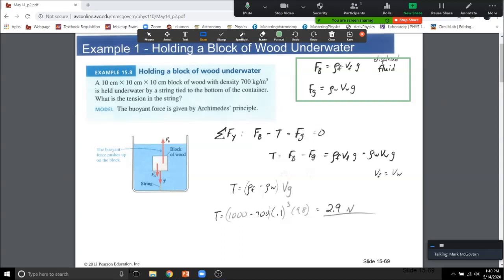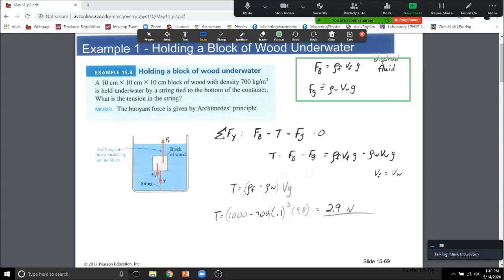This is the gravitational force of the water that was displaced. That weighs more than the same volume of wood. The gravitational force of the wood is rho wood, V wood times g. Now, what's the difference in these two equations here? g is the same, V is the same, so what's different?